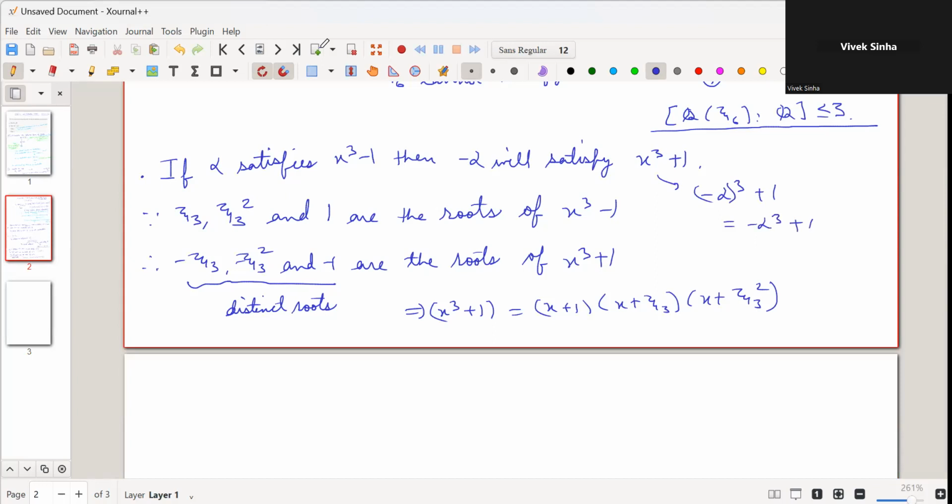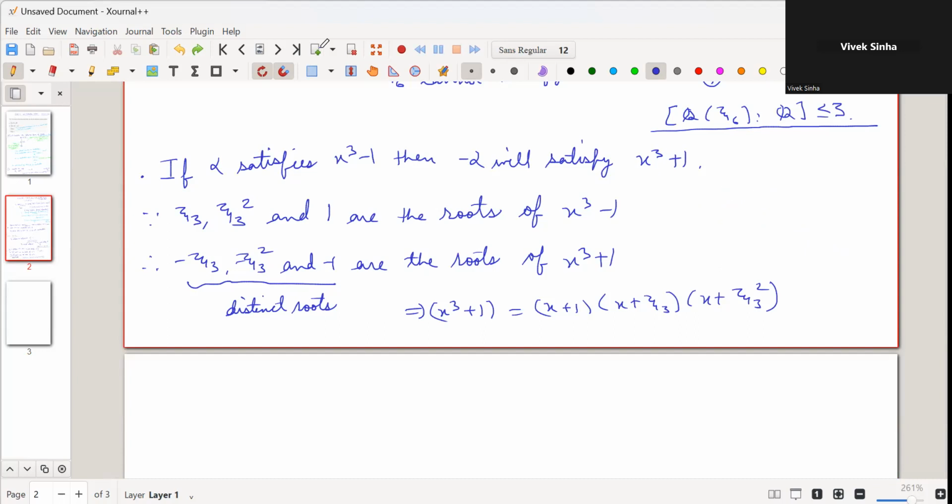But if alpha satisfies this, that means alpha cube is equal to 1. So this will be minus 1 plus 1, that is 0. So that is the trick. If alpha satisfies x cube minus 1, then minus alpha will satisfy x cube plus 1.